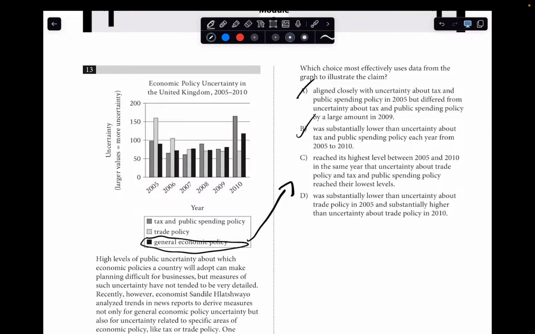D, substantially lower than uncertainty about trade policy in 2005 and substantially higher than uncertainty about trade policy in 2010. Yeah, that's true. So D.